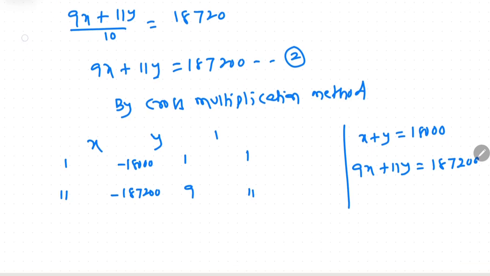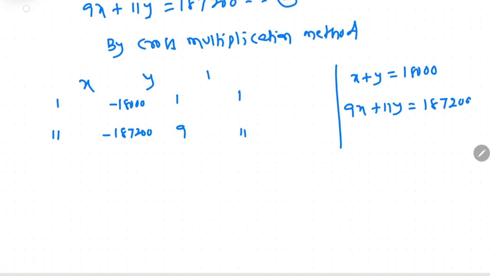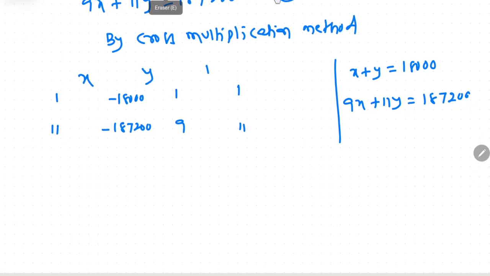So we have the formula. Here we have to multiply these two, and from this one we have to subtract. It is in the numerator, and it will be in the denominator.